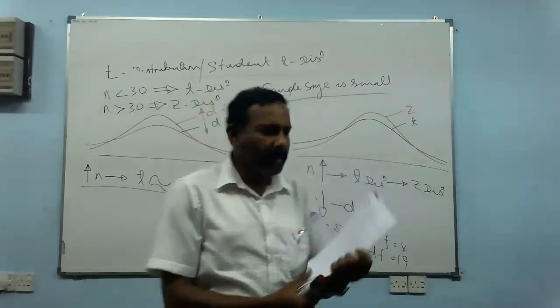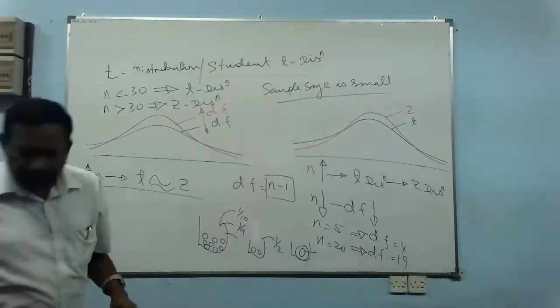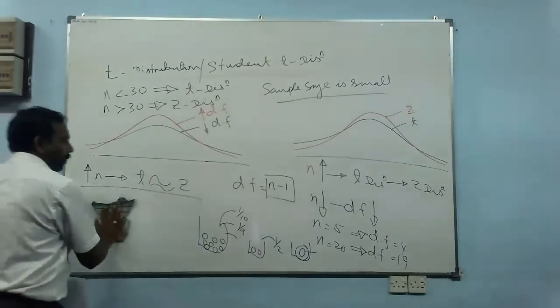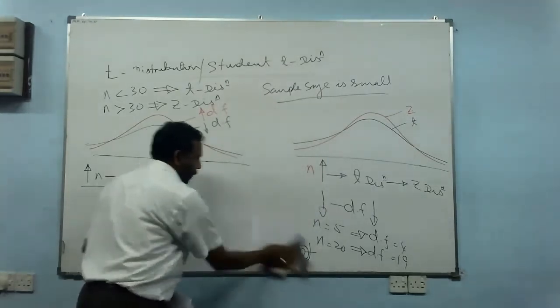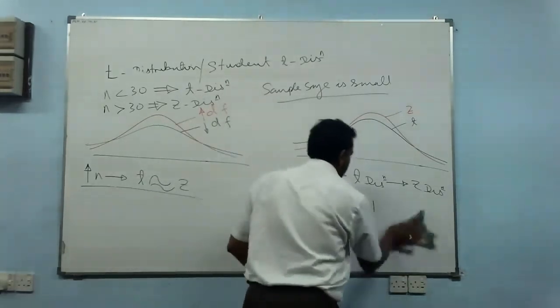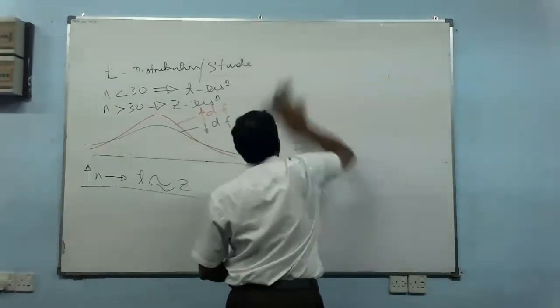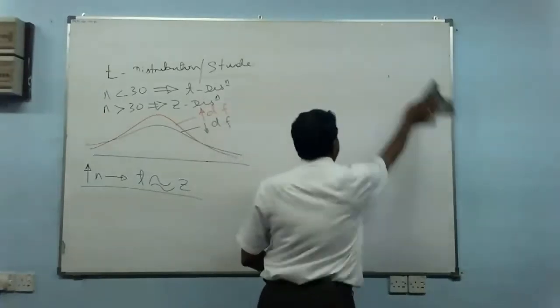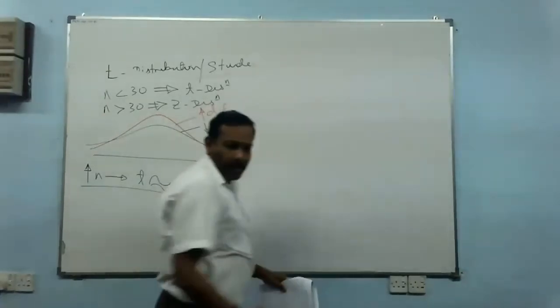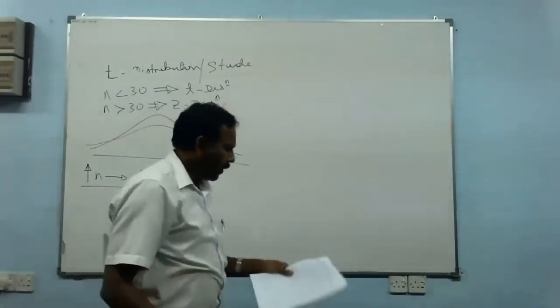How to look at the table? How to read the values of the table, right?